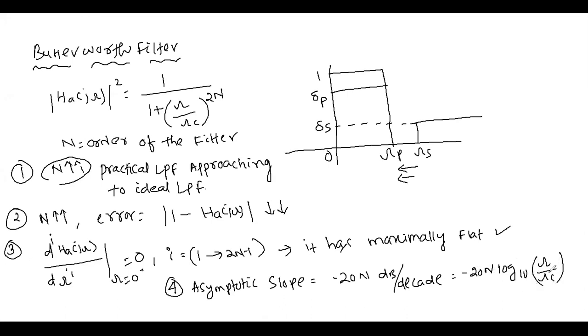So if omega is increased by a factor of 10, that is 10 multiplied by omega c, then the characteristic will go down by 20 n dB. That's why the asymptotic slope is minus 20n dB per decade. Because of this minus value, it goes down. Now clear to all of you?